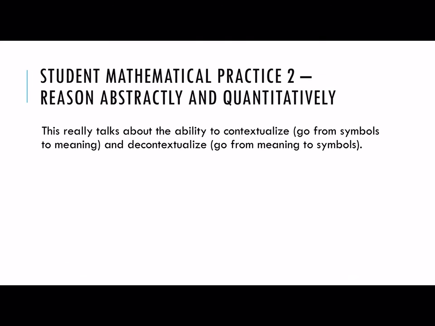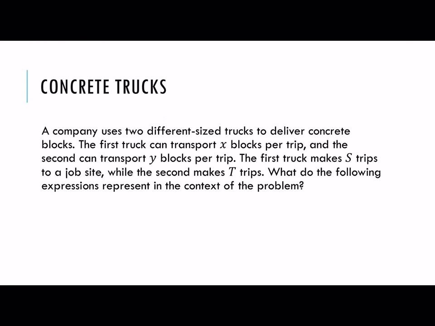Abstractly is, like it says, abstract, where you're working with variables and numbers, and quantitatively is working with units and more with objects. So we're really talking about the ability to contextualize, go from symbols to meaning, and decontextualize, which means go from meaning to symbols. This learning outcome is talking about the ability to contextualize. So we're going to do that here with some concrete trucks.